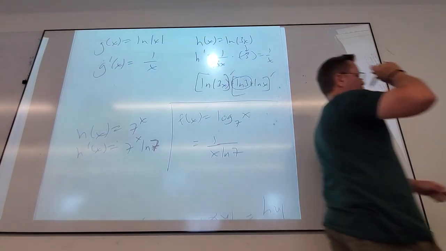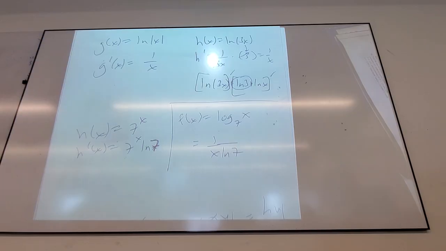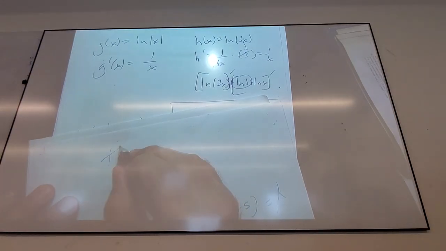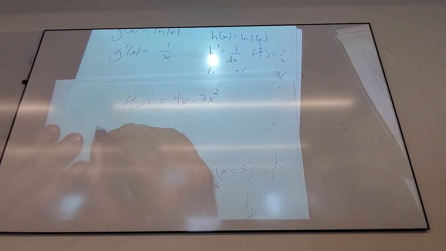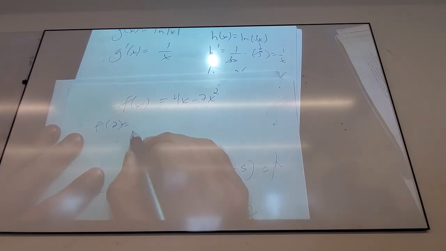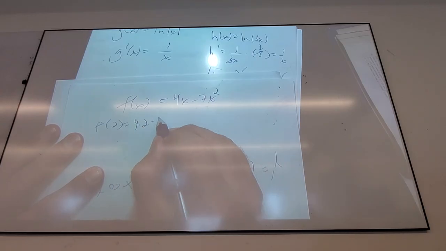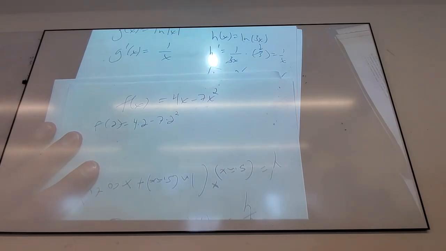If f of x is, just to make something up, this, what's f of 2? 4 times 2 minus 7 times 2 squared, yes? You shove a 2 into it.